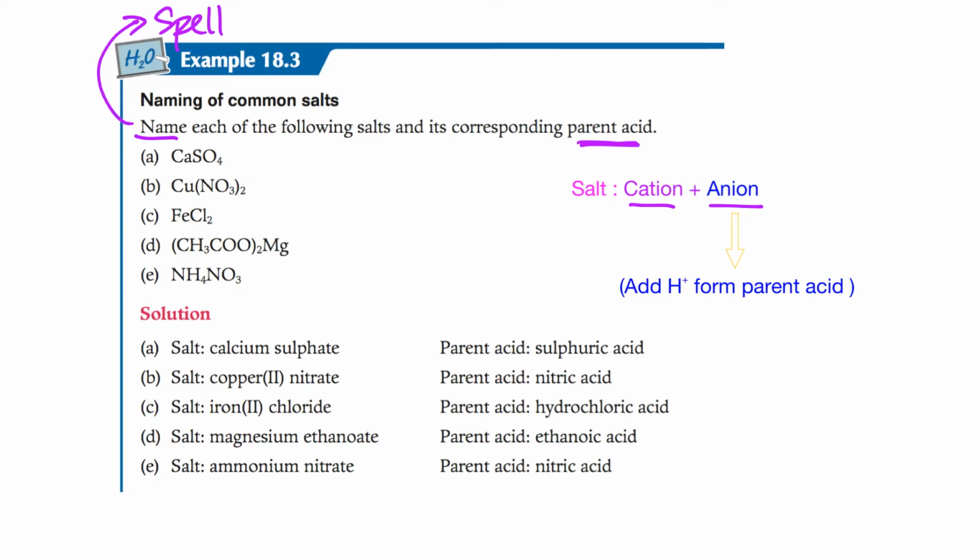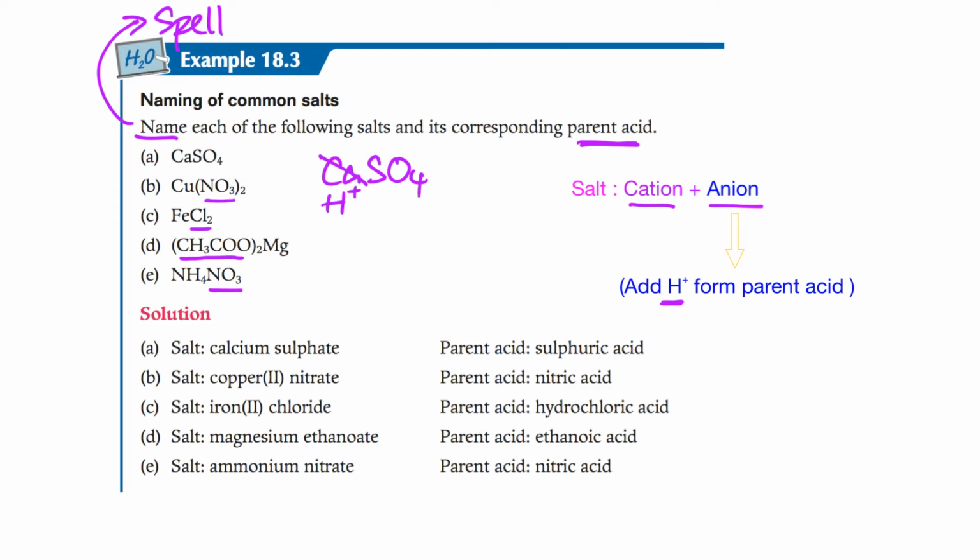You just need to change the cation to H+ and it will do. For example, you have calcium sulfate. You change this one into acid. Then you know that they come from sulfuric acid, nitric acid, hydrochloric acid, ethanoic acid, and nitric acid.